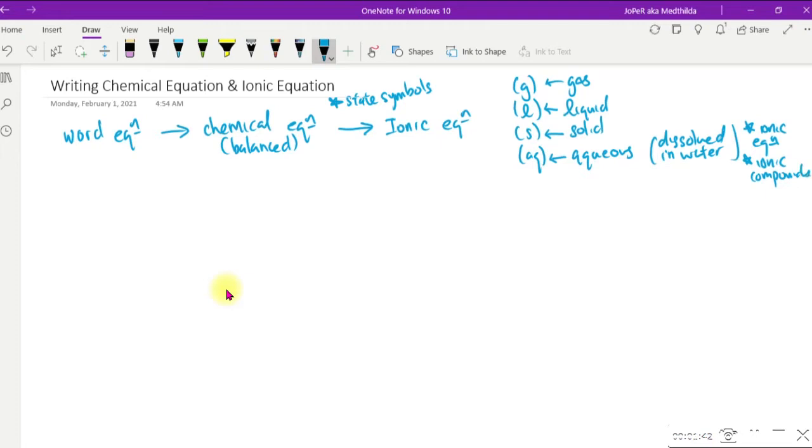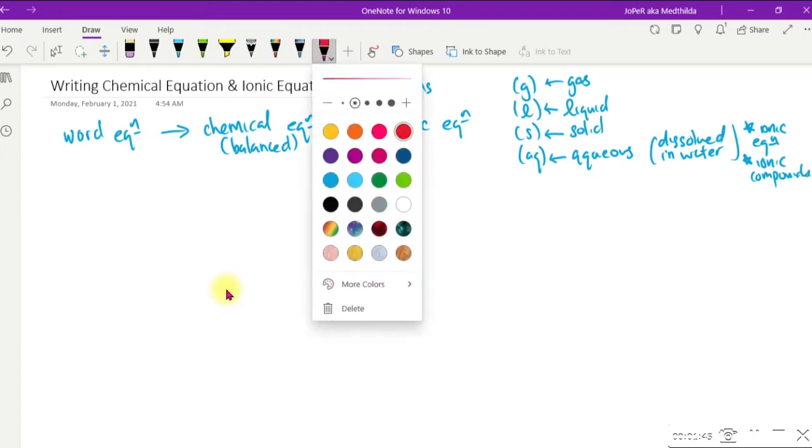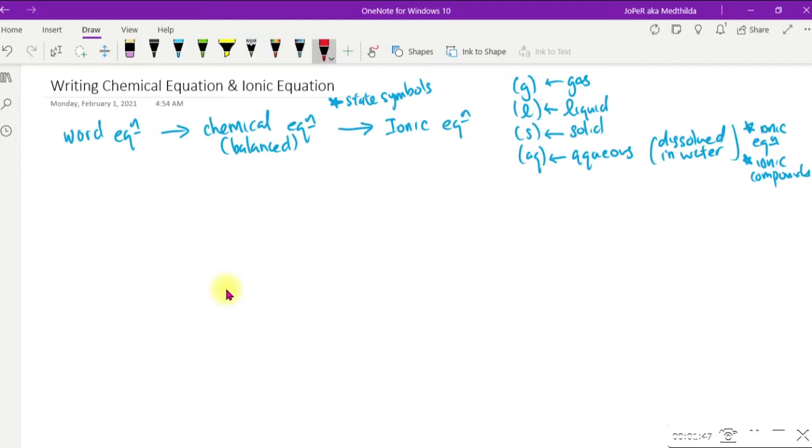Okay, so let's start off with examples. So I'm just going to go from word equation to chemical equation, and then from chemical equation to ionic equation, as a way to show you how to go about doing so. So the first one I'm going to start off with is this. So I'm going to have ammonium chloride. Okay, ammonium chloride here is aqueous.